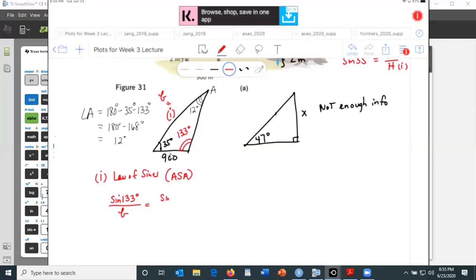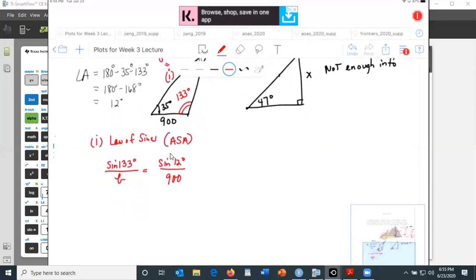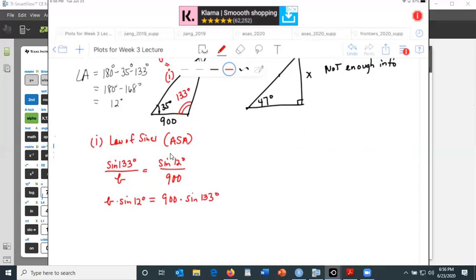So I would do the sine of 12 degrees over 900. Now cross multiplying, we get B times the sine of 12 equals 900 times the sine of 133. Cross multiply diagonally.